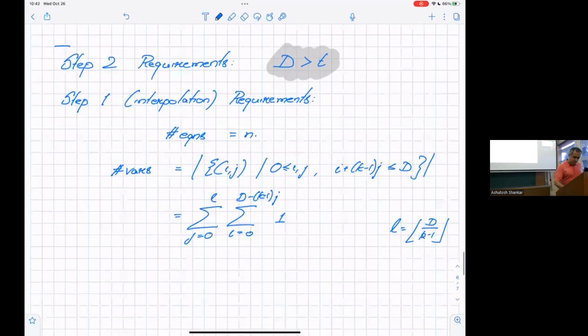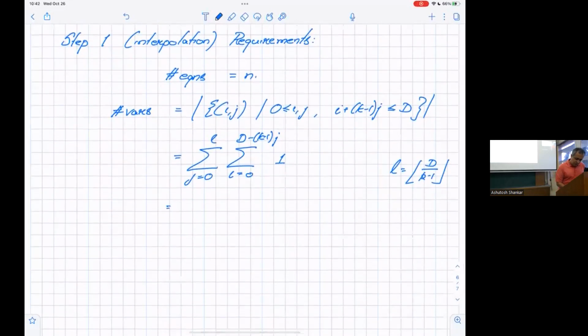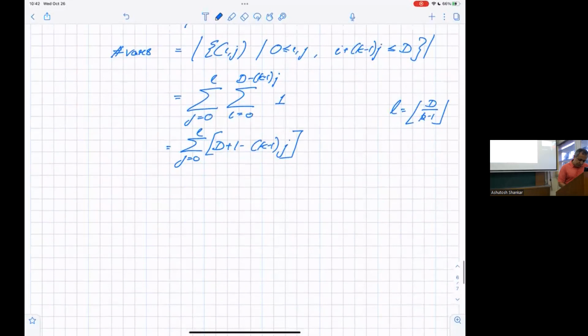So let's open this up. This is the summation j equals 0 to l of d plus 1 minus (k minus 1) j. What is this?